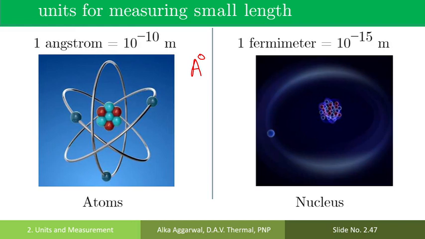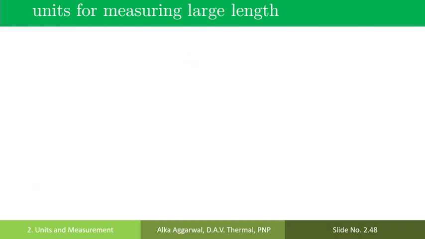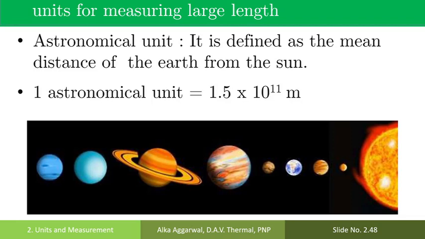The second unit which is commonly used to measure the small distances is a Fermi meter, and 1 Fermi is approximately the size of nucleus. The units which are used for measuring the large length, number 1 is an astronomical unit.